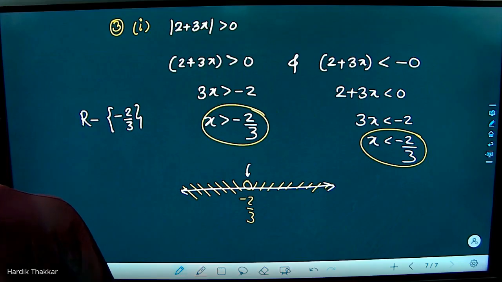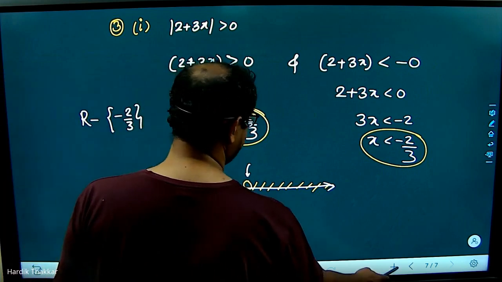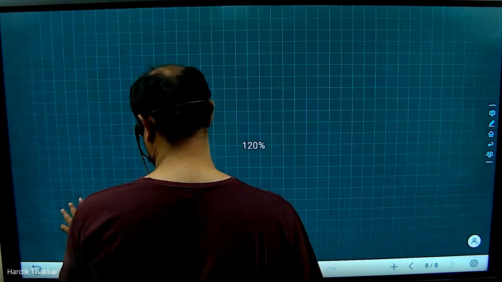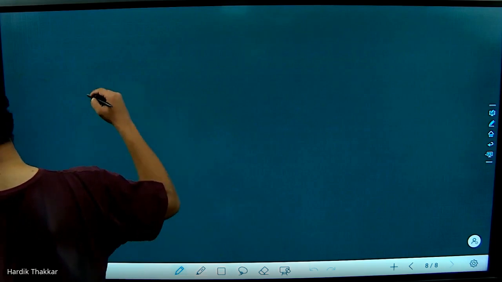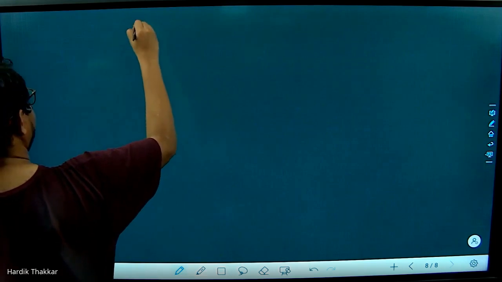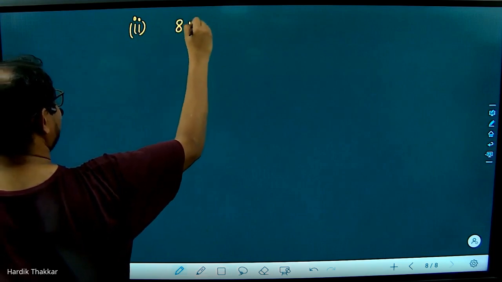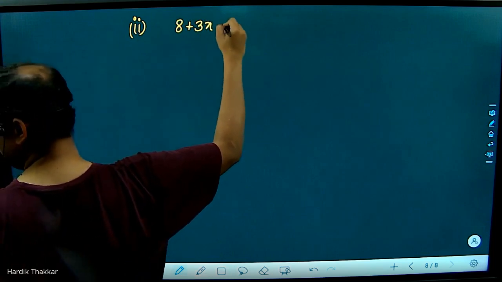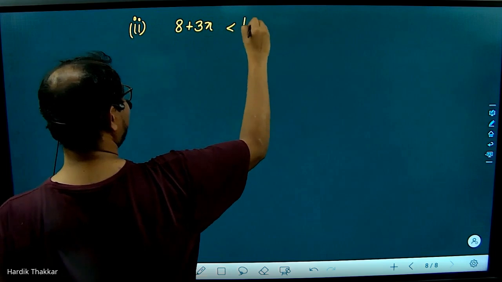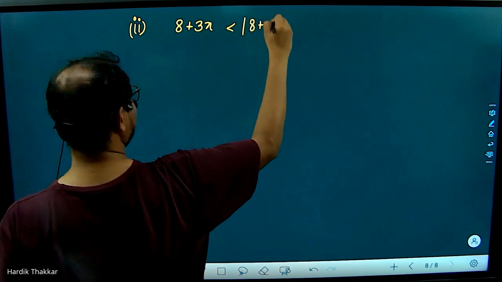Yes, sir. Now let's start with the second part of this question. We have to start the same way. Here it is 8 plus 3x less than mod 8 plus 3x.